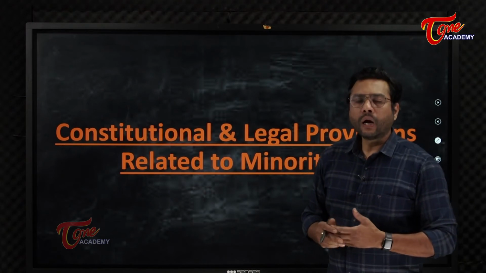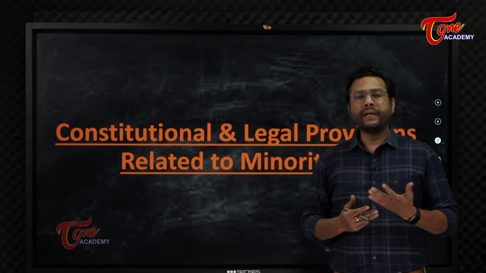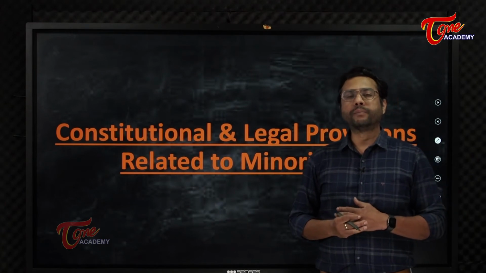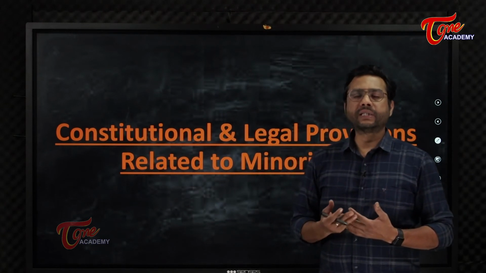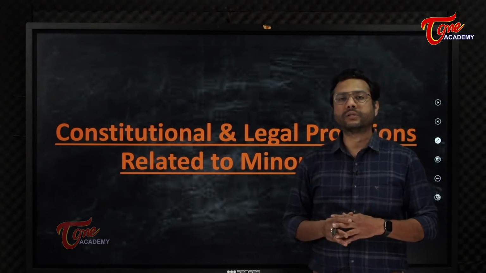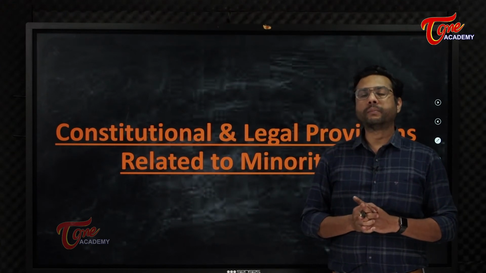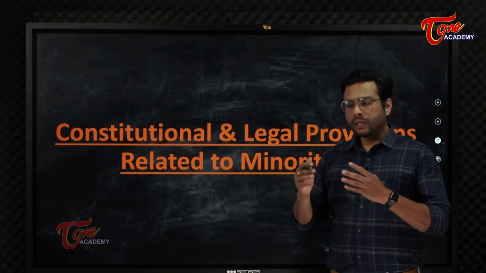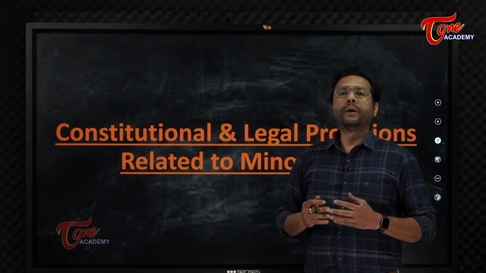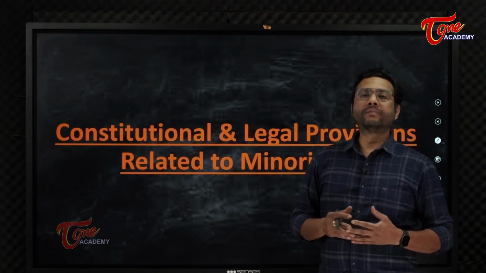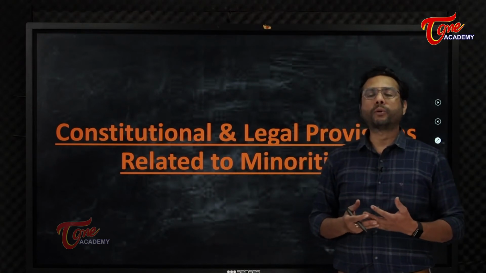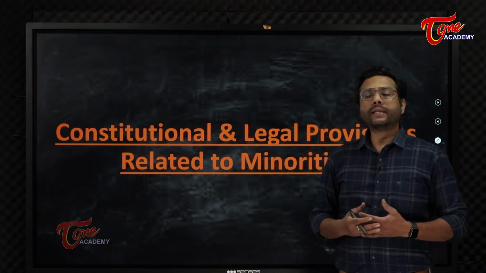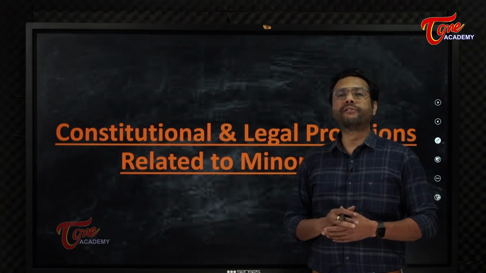So we have Article 25, religious freedom. Articles 25, 26, 27, 28, all of these give religious freedom to the minorities. Minorities can establish their own educational institutions. A person can profess any religion. They have the freedom of conscience to practice, propagate and profess any religion. They could manage their own religious affairs.